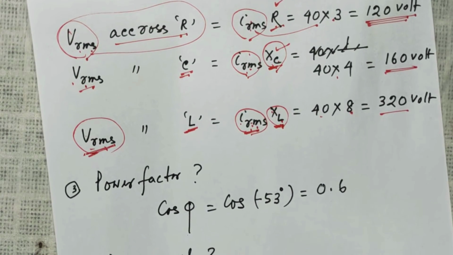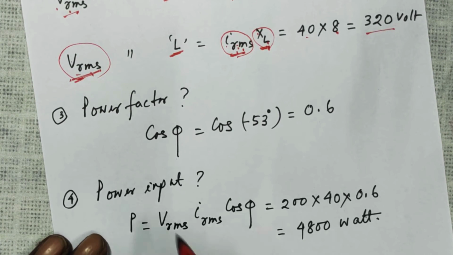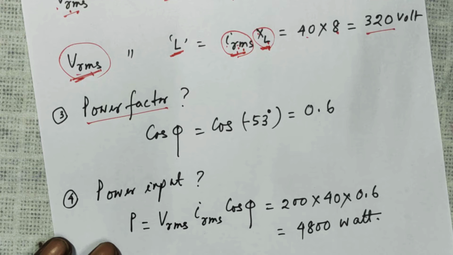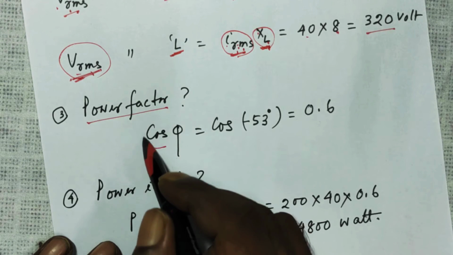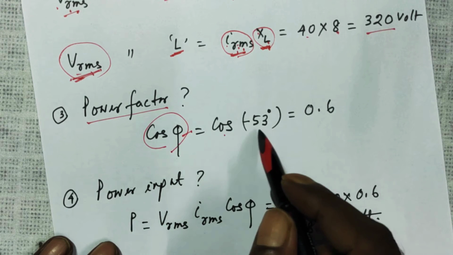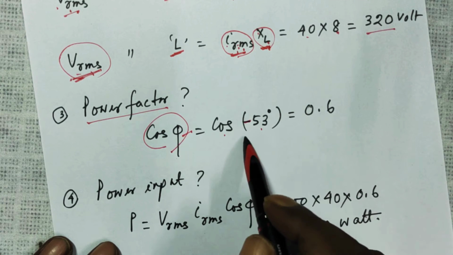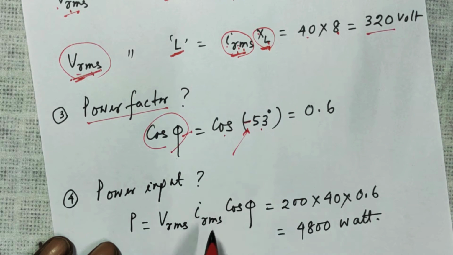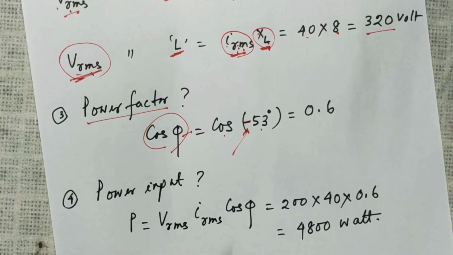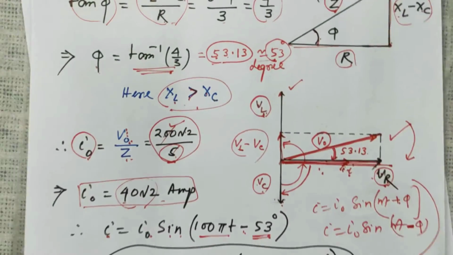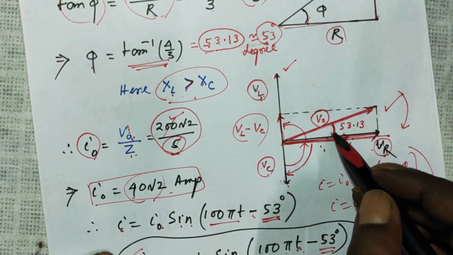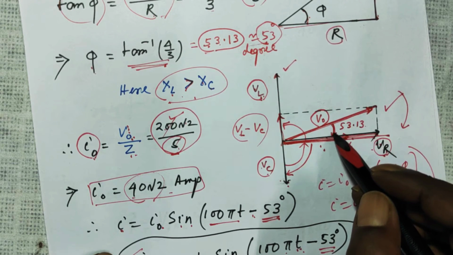Then comes your power factor. Power factor I have explained in theory lessons, if you watch my video carefully. It was cos phi. Phi we have calculated, so cos of minus 53. We have to be careful here, because this angle is phi.